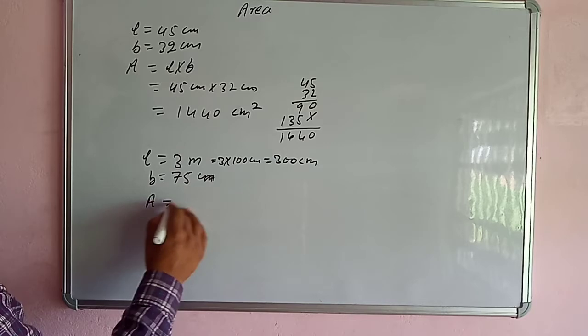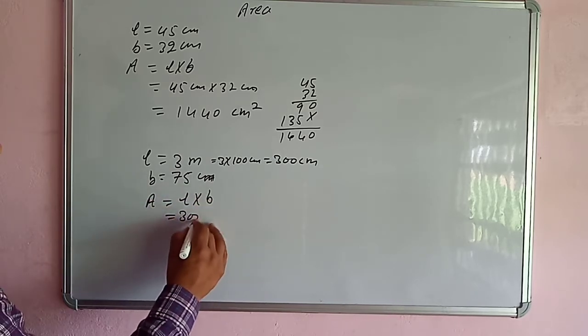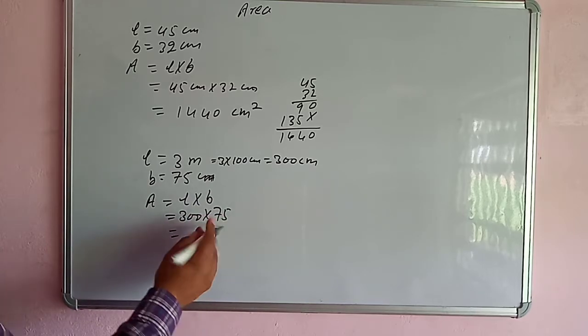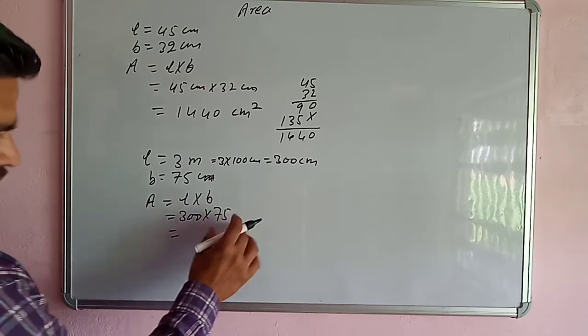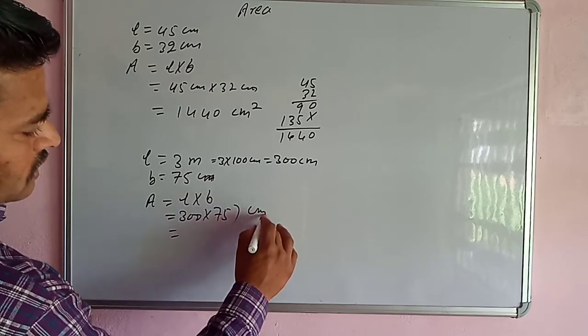So area is equal to length multiply breadth, that is 300 centimeter multiply 75. We use the unit square centimeter.